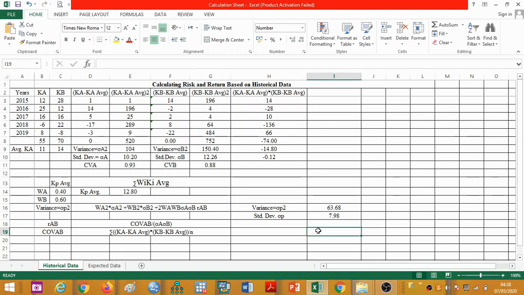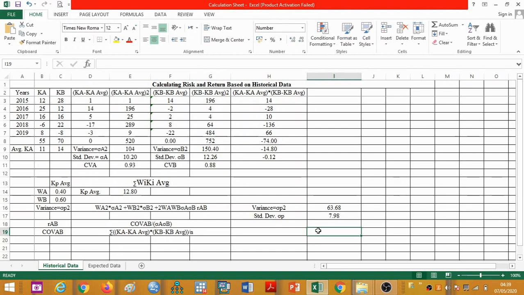So whether security A is better, security B is better, or portfolio is better. You'll say purely based on return alone, security B is better, because 14% is higher than 11% as well as 12.8%. On the other hand, if we make the selection based on risk alone, so the standard deviation, the standard deviation of security A is 10.2% plus minus, the standard deviation of B security is 12.26%, while the standard deviation of the portfolio is 7.98% plus minus.